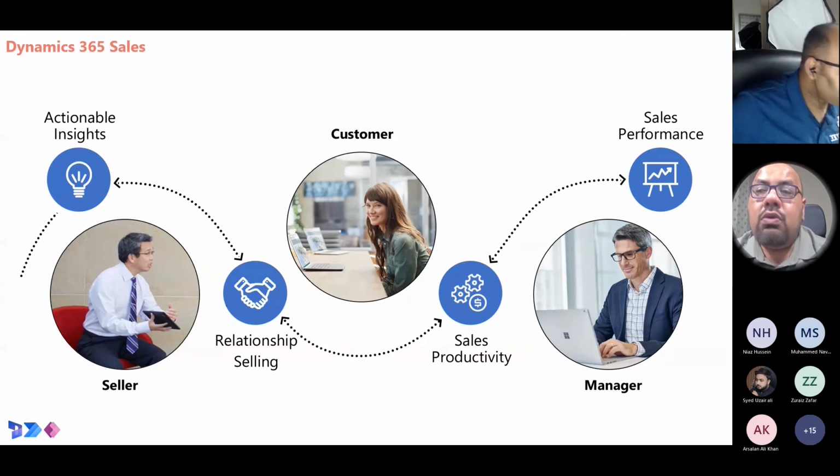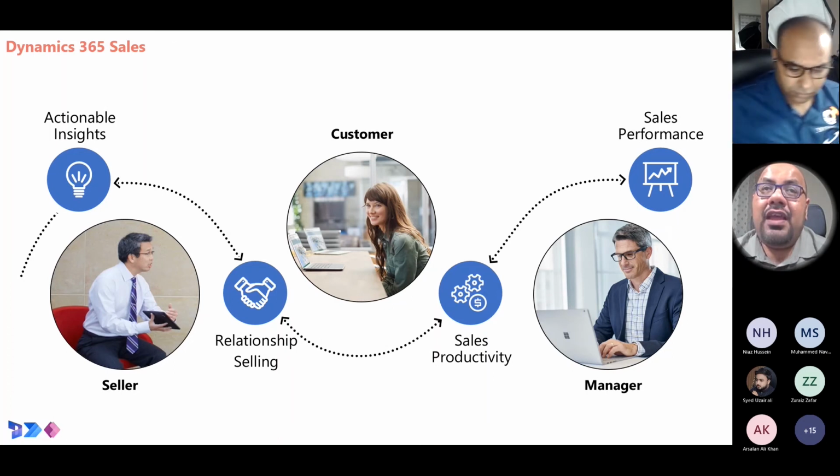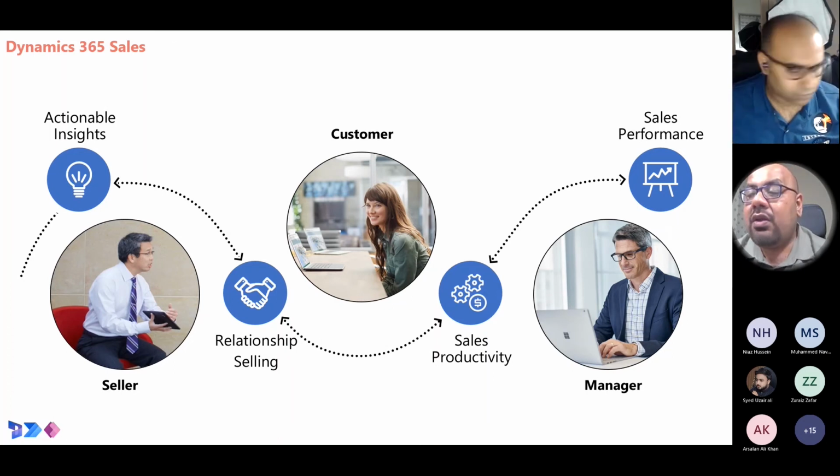So both modules are there, meaning the insight will help you to identify the potential prospect, potential customer, based on the relationship you are maintaining on top of CRM there. And then based on the selling mechanism, you are also managing the sales productivity there. And as soon as the productivity increases, the sales performance will come into place. So it's an end-to-end solution.